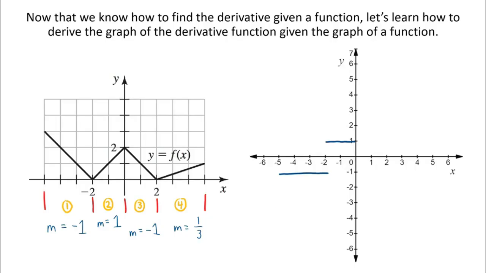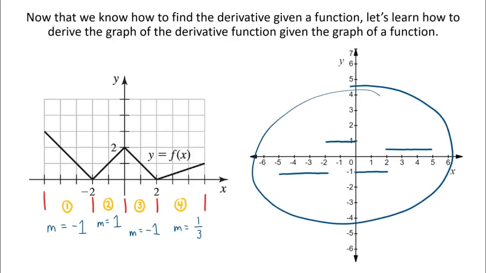In the second section of graph, the slope is constant at +1, and that's from when x equals -2 to when x equals 0. So on the graph of our derivative function, we'll graph a height of 1 from when x equals -2 to when x equals 0, like this. And then we'll do the same thing for section 3 and section 4. And then we'll get something that looks like this. That's the graph of the derivative function.